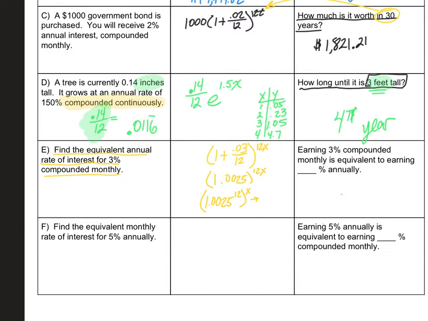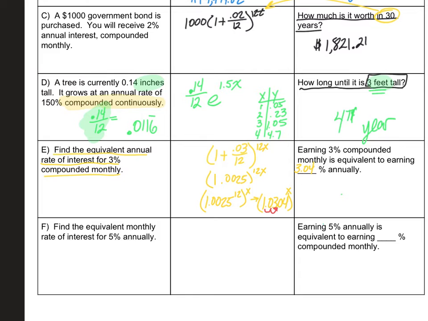And if I hit that in my calculator and I go 1.0025 to the 12th power, what I end up with is 0.0304. So you see, I'm actually getting a little bit higher than 3% interest. What I'm getting is a value of 3.04%, because what we have to do is move that decimal place over 2 times, 1, 2, and then we are sitting at our percent.